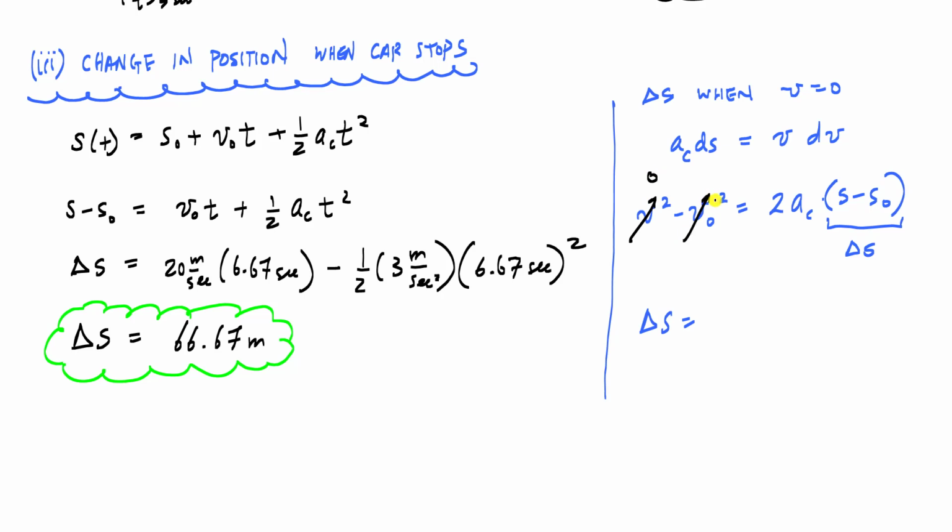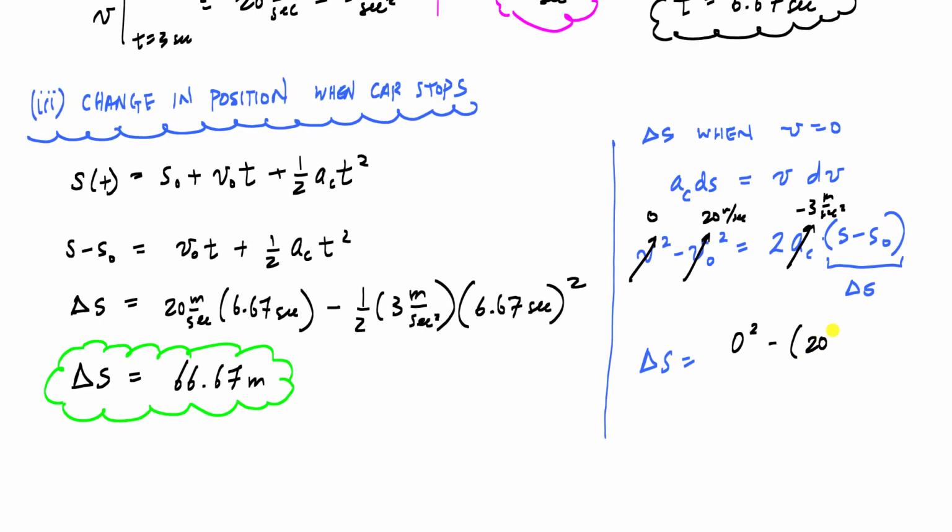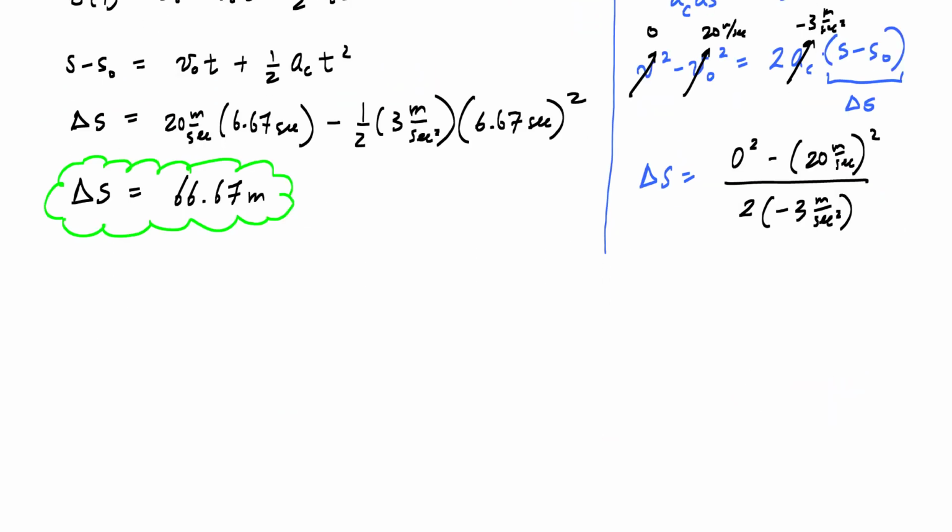The initial velocity I do know already, it's 20 meters per second. And I know the acceleration is -3 meters per second squared. So I could just go ahead and solve for delta s, which would be 0 squared minus 20 meters per second squared divided by 2 times -3 meters per second squared. And this will give me that the change in position is also 66.67 meters.